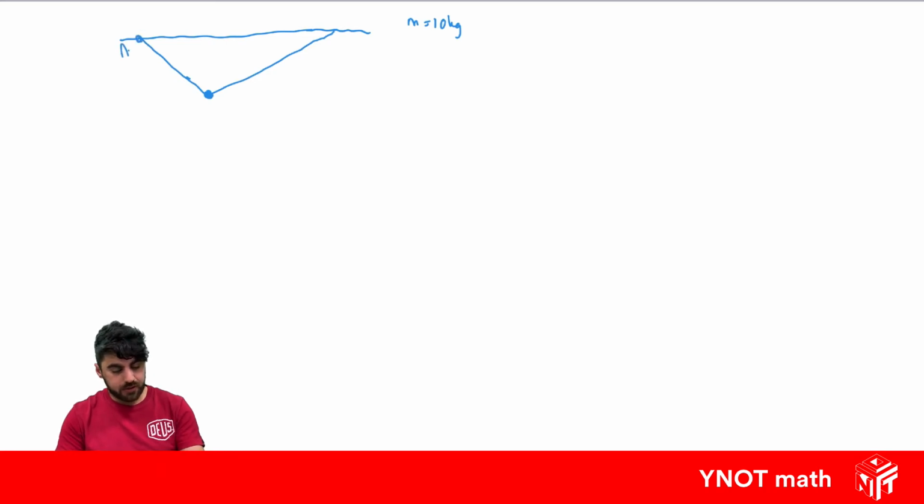I'm going to say this is point A, this is point B, and we'll call this point P. Call this point C. This angle is equal to 30 degrees. And we know the ratio of BP to AP is 3 to 2.